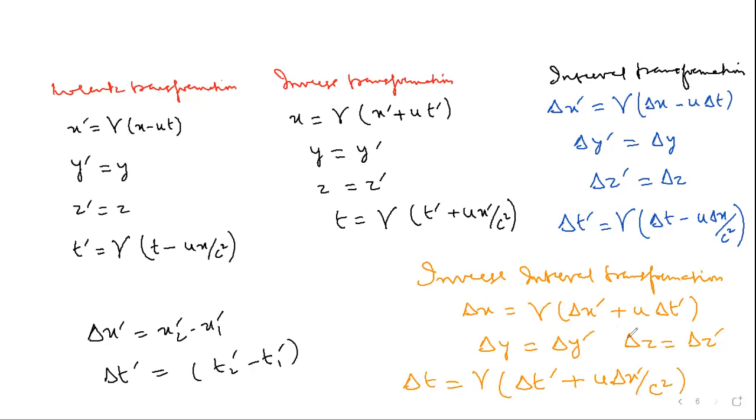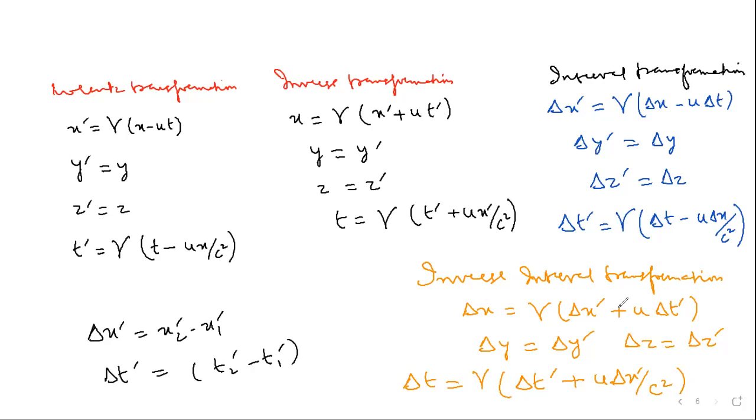Delta x is gamma times delta x prime plus u delta t prime. Delta y is delta y prime. Delta z is delta z prime. Delta t is gamma times delta t prime plus u delta x prime over c square.